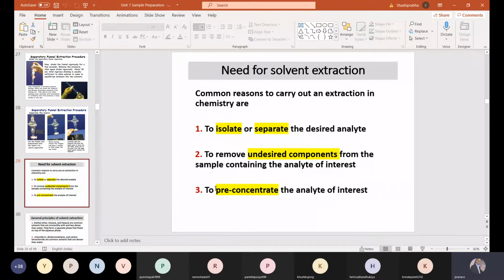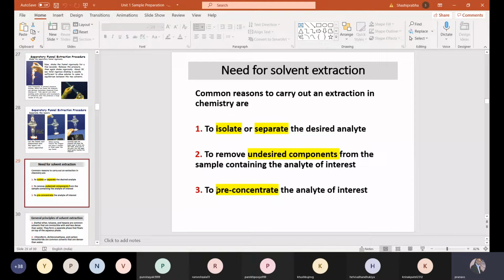And the other most important part of solvent extraction is that it is used for pre-concentration. That means it is used to pre-concentrate the analyte of interest. And how is it done?